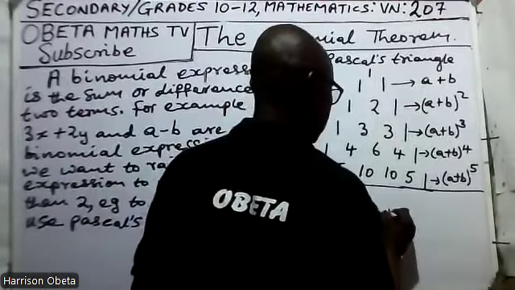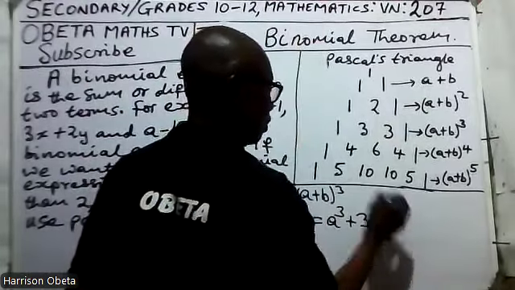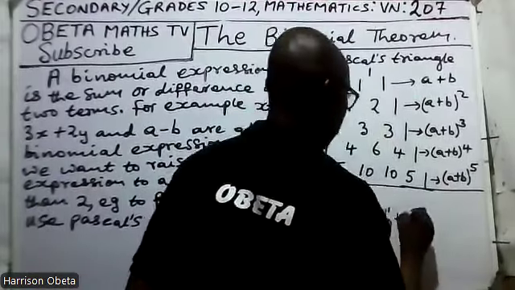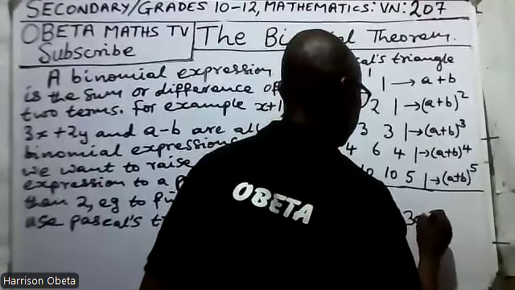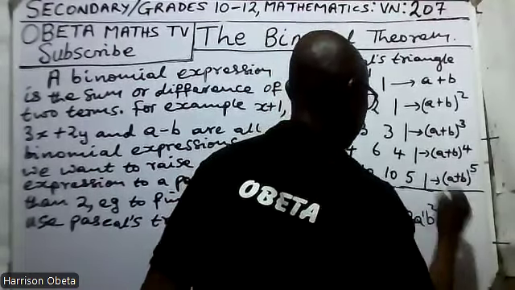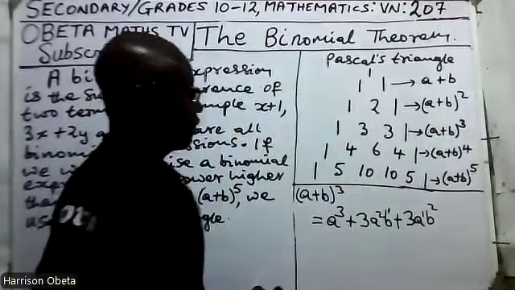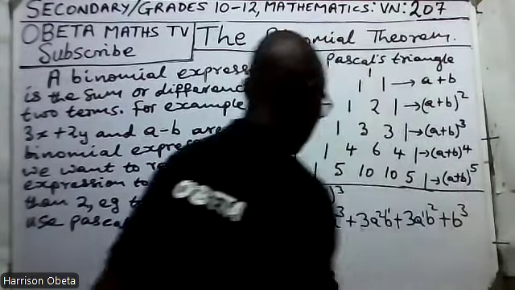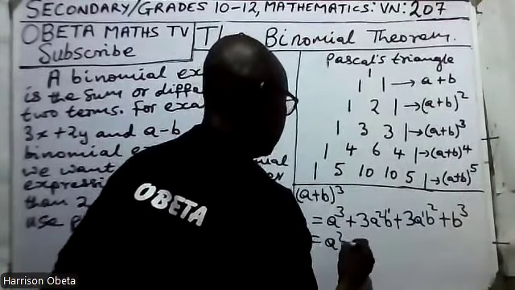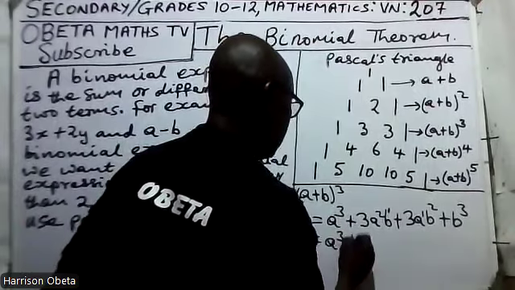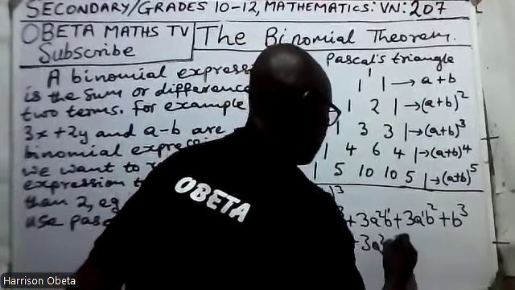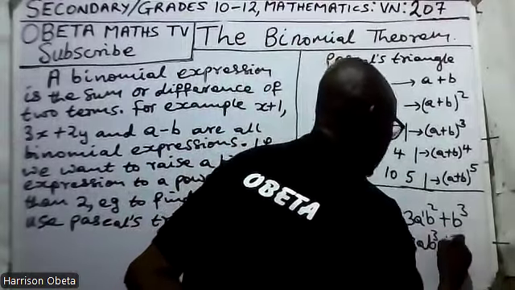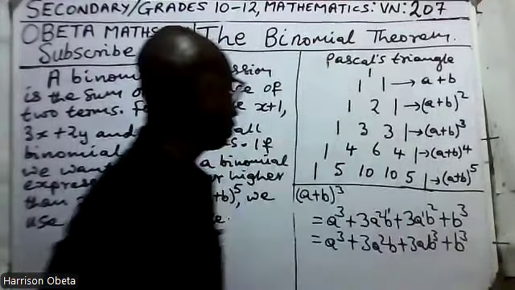This is power 1 and this is power 2. 2 plus 1 is 3. Again, plus 3 again, 3ab squared. You can see the way it is going. And then finally, I have my b raised to power 3. So my final answer is a raised to power 3 plus 3a squared b plus 3ab squared plus b raised to power 3.